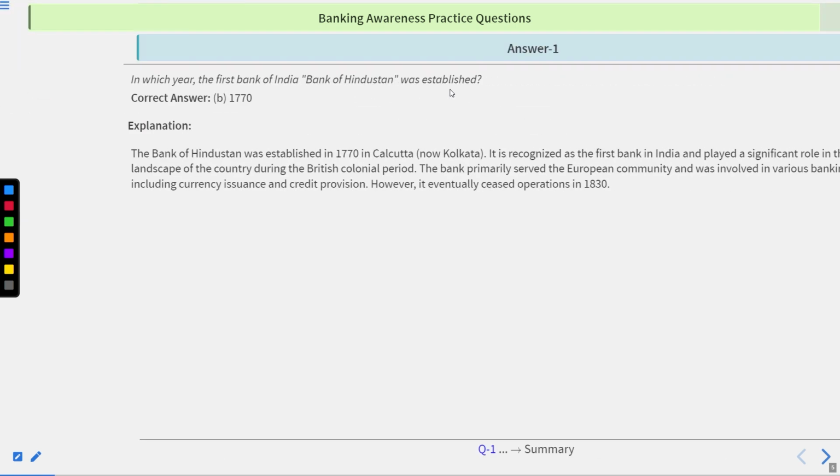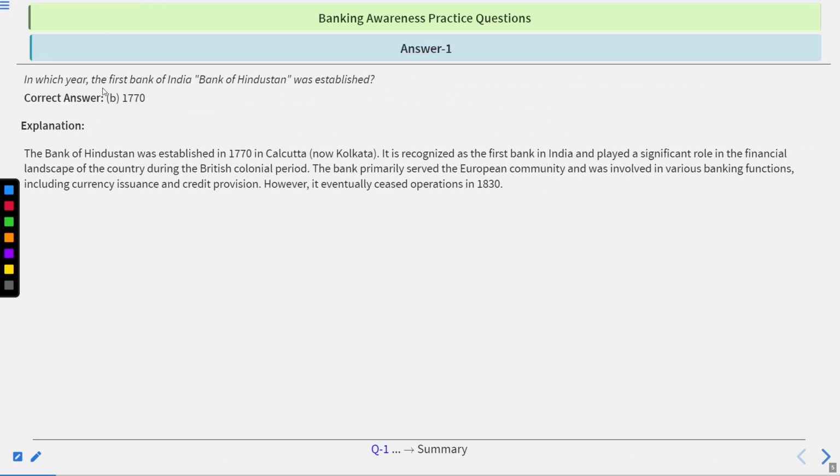Okay, the time's up. The correct answer of this is option B, 1770. If we go by the explanation, the Bank of Hindustan was established in 1770 in Calcutta, now known as Kolkata, the capital of the Indian state of West Bengal. It is recognized as the first bank in India and played a significant role in the financial landscape of the country during the British colonial period.